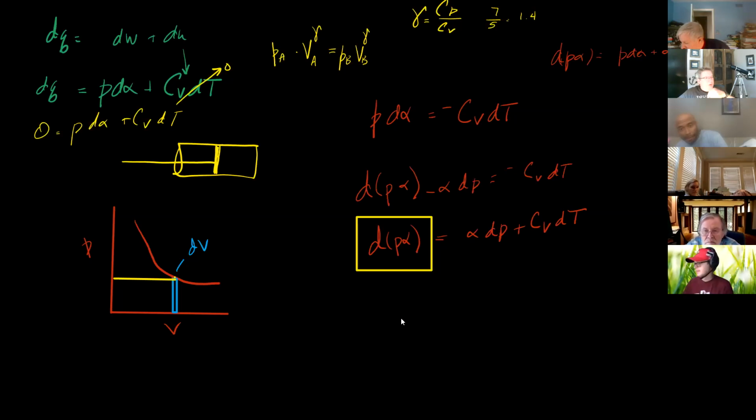I integrated, it's P alpha. So I'm saying the pressure times the volume is whatever this is. When I integrate it, what is this really becoming? Oh, it's part of the ideal gas law. So this is a good thing to have.